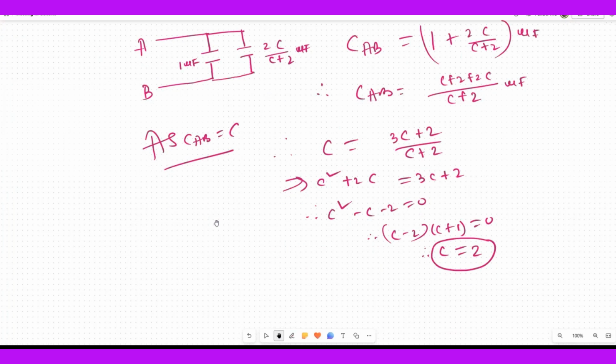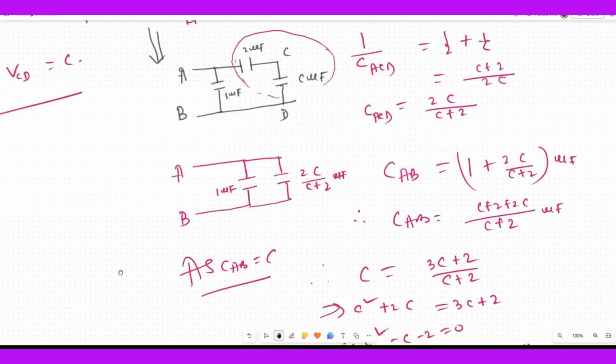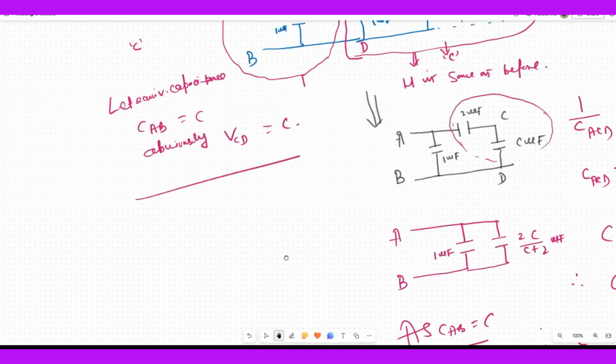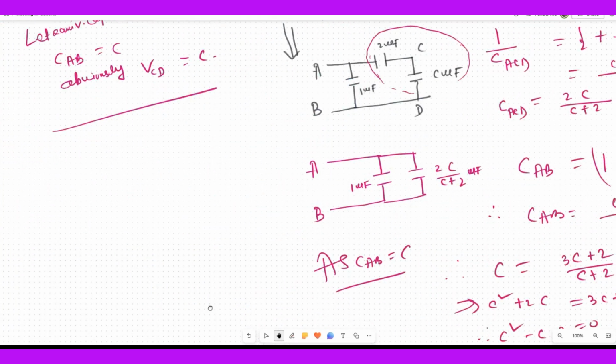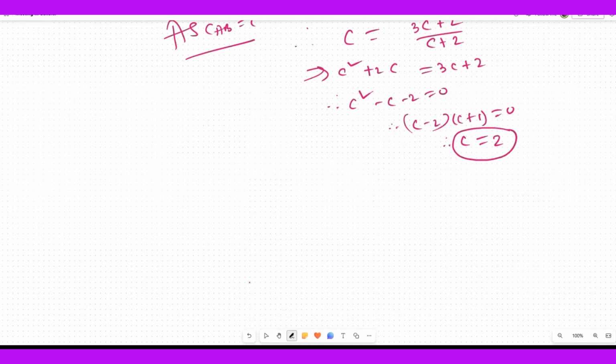Now let us consider a loop where many capacitors are taken in this manner. Number 5. We are taking a capacitor C over there.